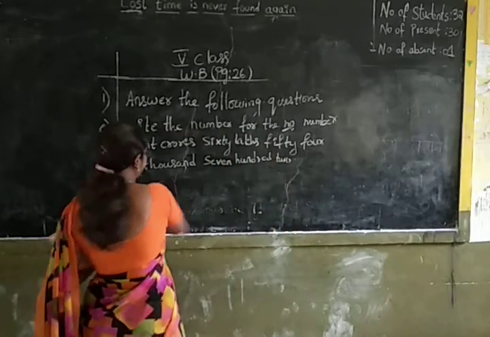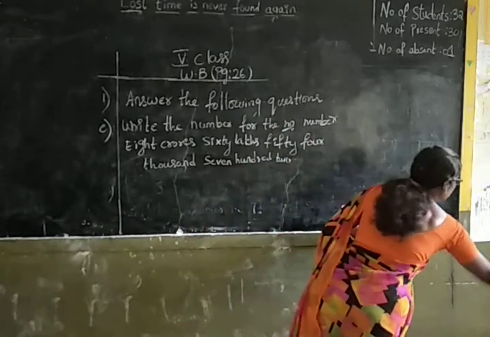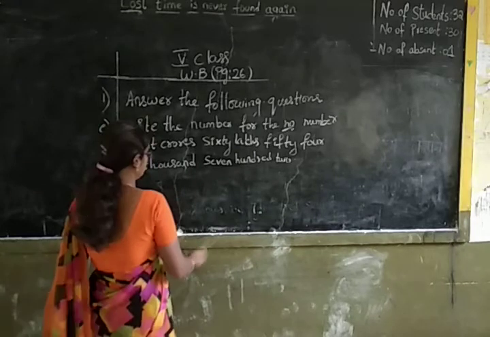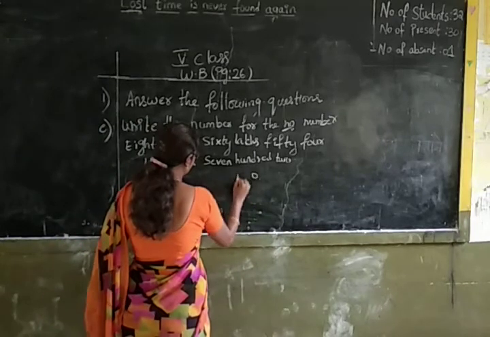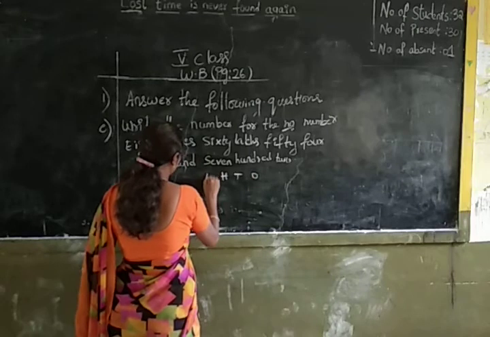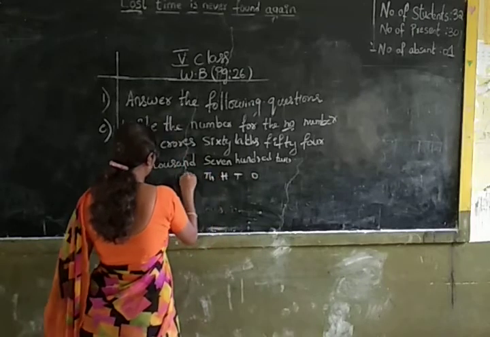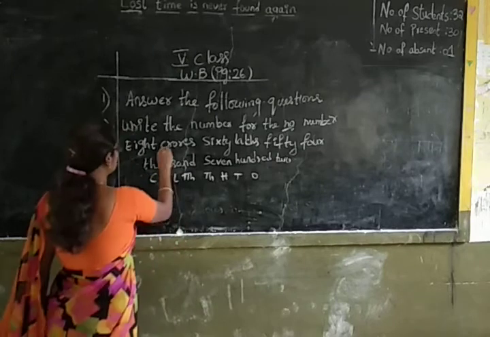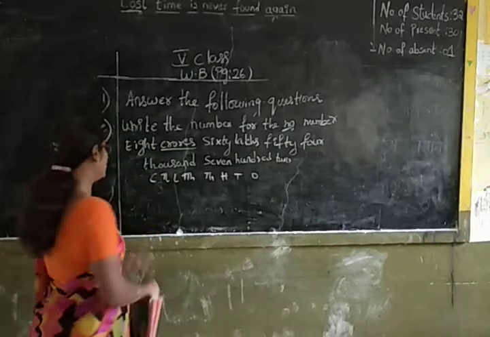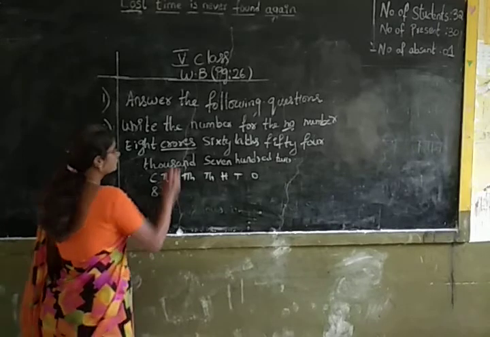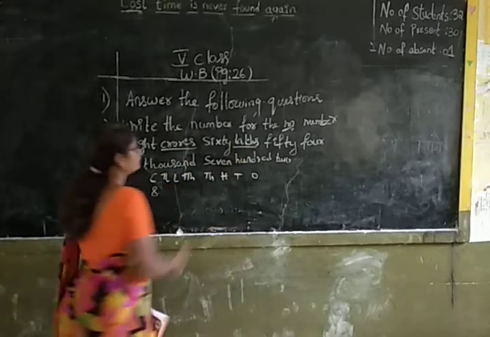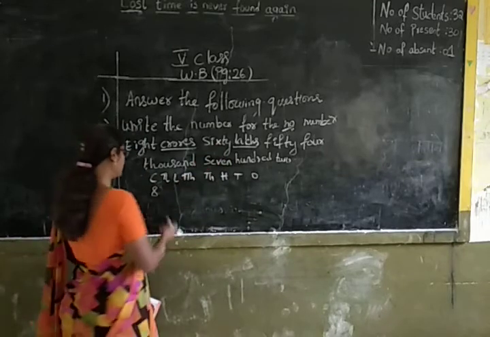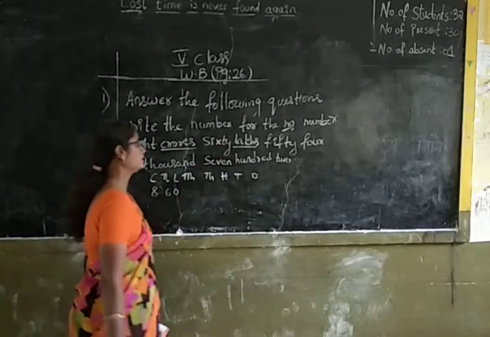So first we have to write down the places. Here the first number is having crores, so we have to write the places up to crores. Ones, tens, hundreds, thousands, 10,000s, lakhs, 10 lakhs, crores. So which number is given in crores place? 8. You have to write 8 in crores place. Before lakhs, 60 is given, so you have to write 60 in lakhs period.